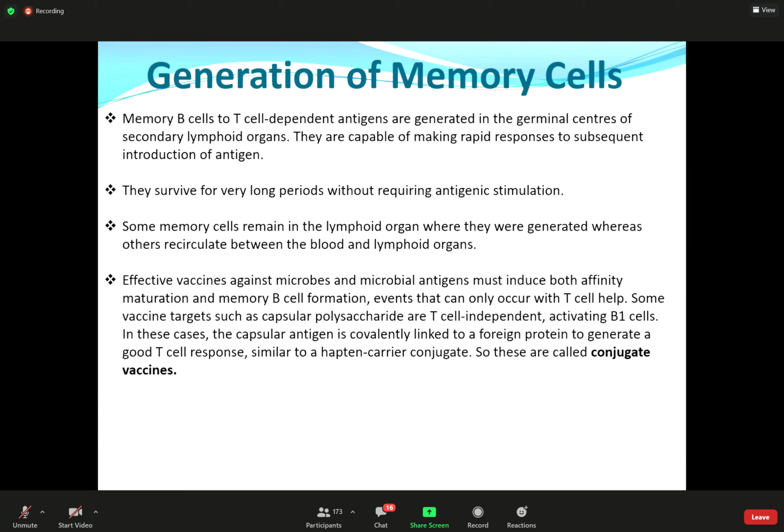And as soon as they see that same antigen again, they will undergo immediate full-blown antibody production and proliferation without the need of T cell help and co-stimulation, which takes a lot more time to generate. So again, this is why vaccines are so important.